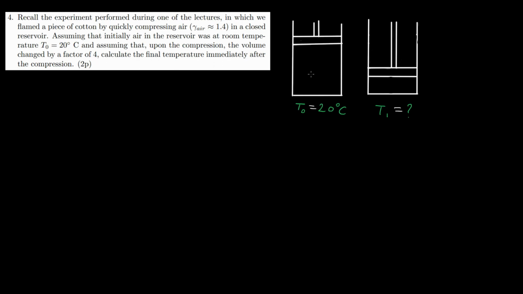So the volume of the gas afterwards is 4 times smaller than whatever it was to start with. So we could label this as V0, and afterwards we can call it V1, or perhaps since we know that this is a quarter of the size, we could say this is actually just 1/4 V0.